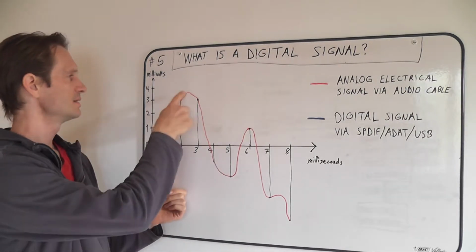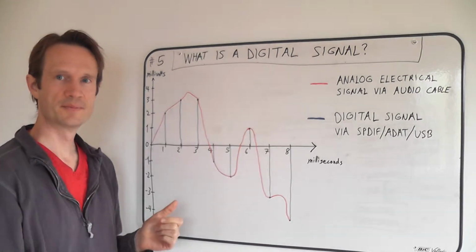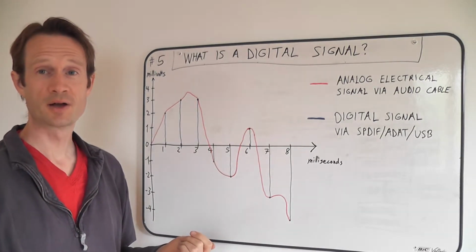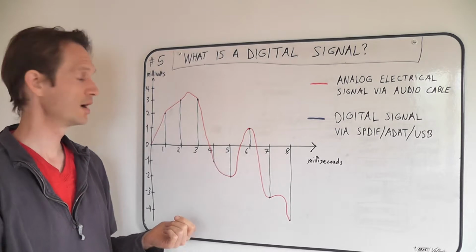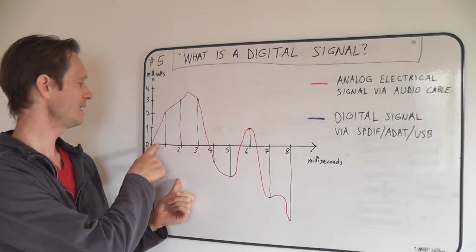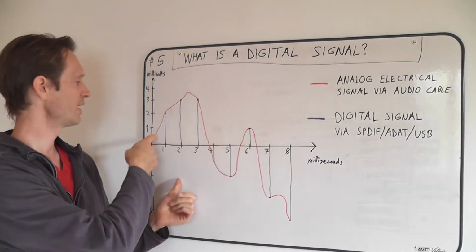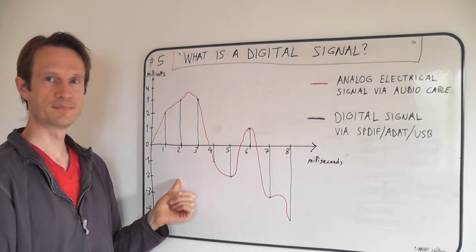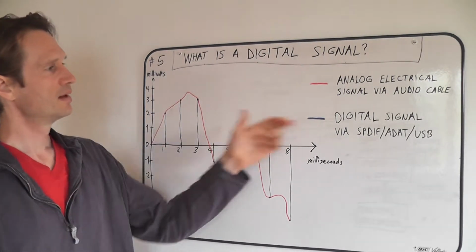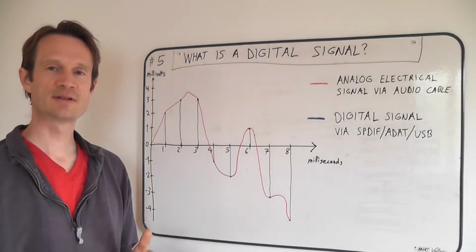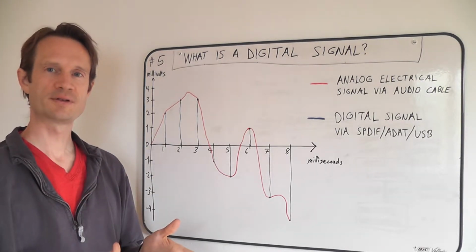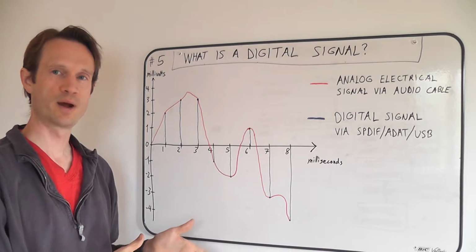But this analog signal in red has an infinite amount of data, right? Because at any point in time, we have a level of this signal, right? But in the digital world, we have to decide which parts of the signal we're going to keep and which we're going to throw away.